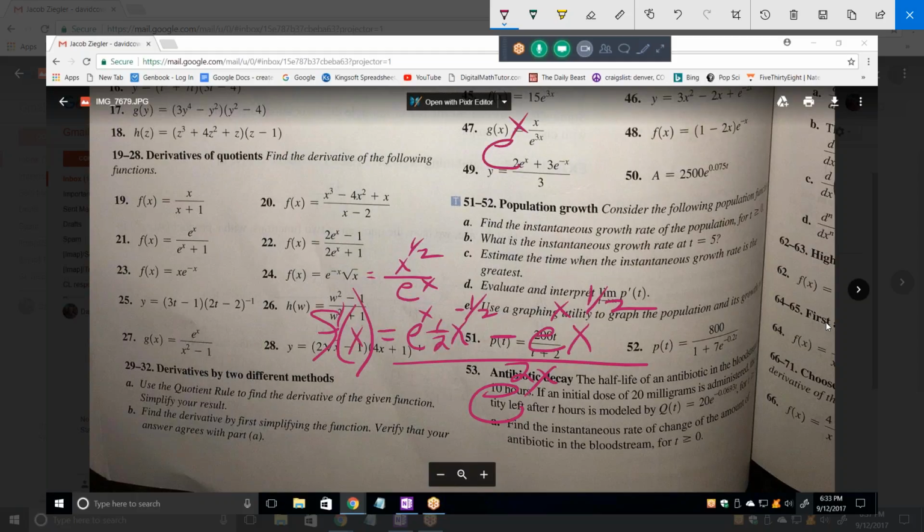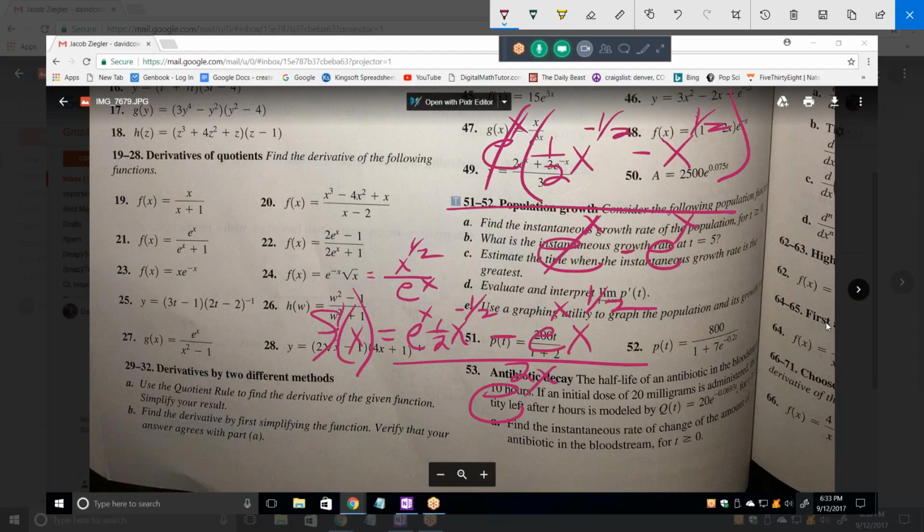Then you have 1/2 x to the negative 1/2 minus x to the 1/2. Now notice what we can do. Because I'm dividing the whole thing by e to the x times e to the x, that's what e to the 2x is. Now I can cancel that with that. And what I'm left with is a simpler answer. Now, I could still factor out an x to the minus 1/2, but it doesn't do any good to do that.